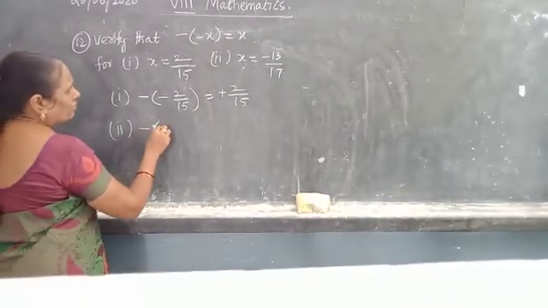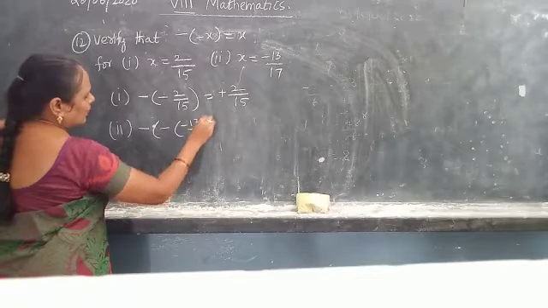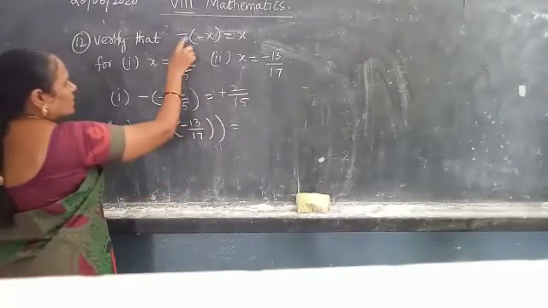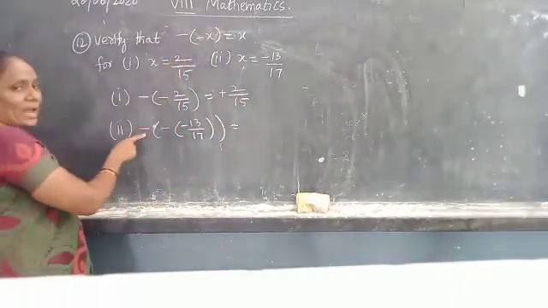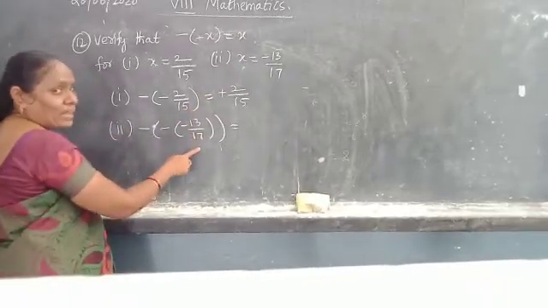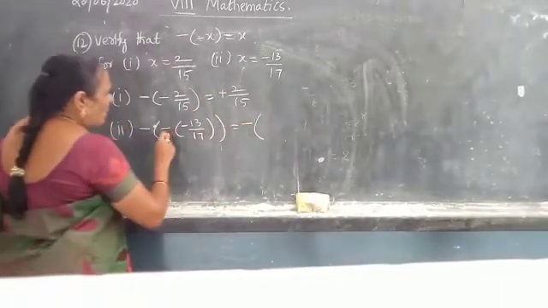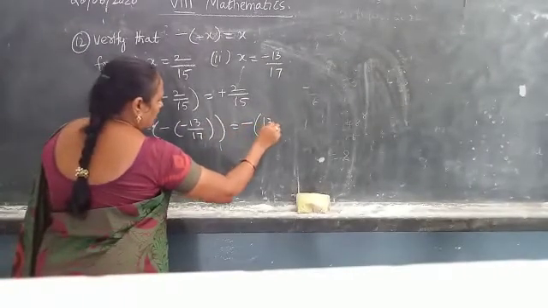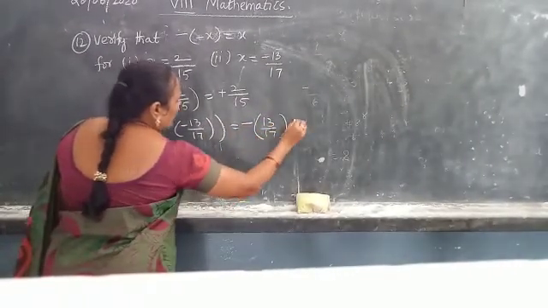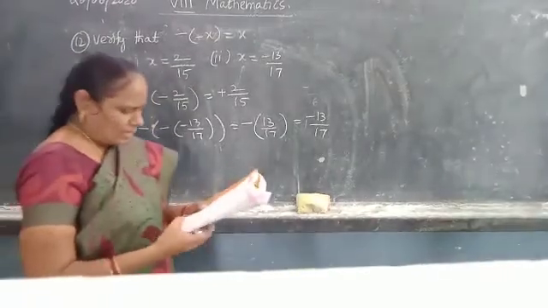Minus of minus 13 by 17. Minus of minus x, so the x value is minus 13 by 17. Therefore minus into minus is plus, so 13 by 17 is equal to minus of minus 13 by 17.